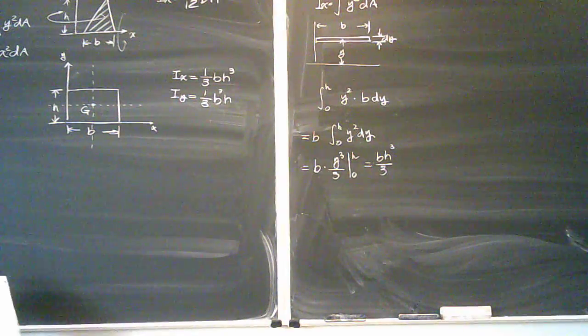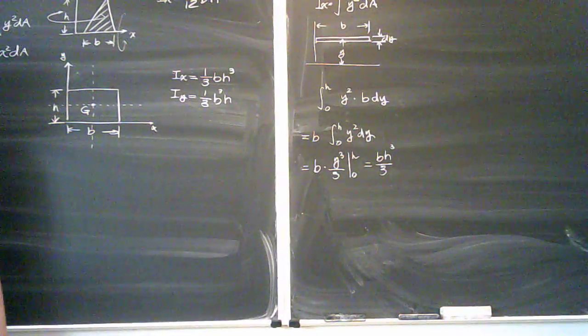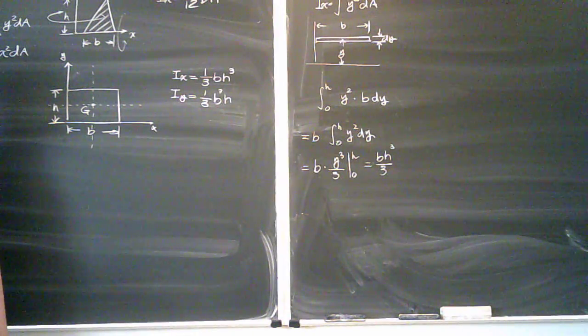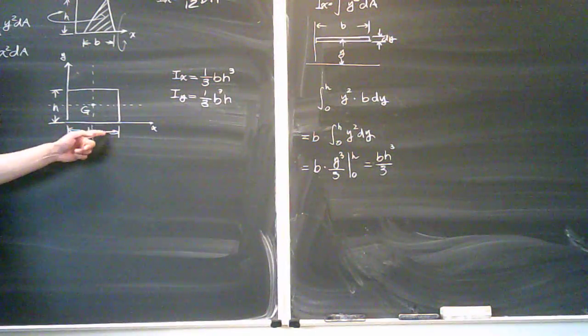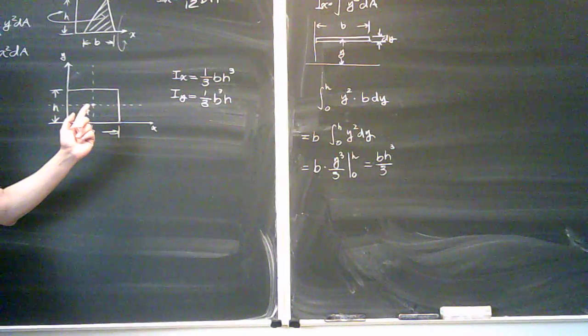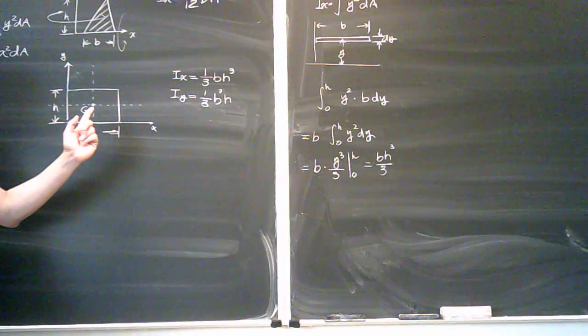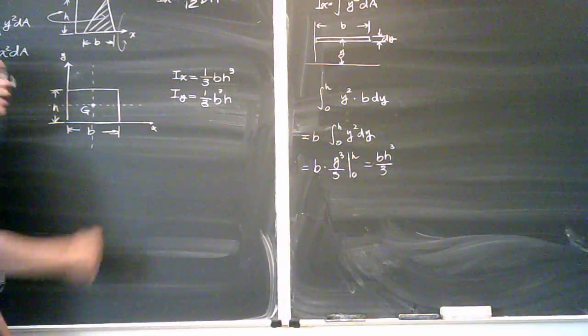Okay, this is just for a rectangle. But when we are calculating the moment of inertia, can we always guarantee it's always around the x-axis or y-axis? I can tell you most likely it's not going to be the case. Most likely we are interested in the gravity center.